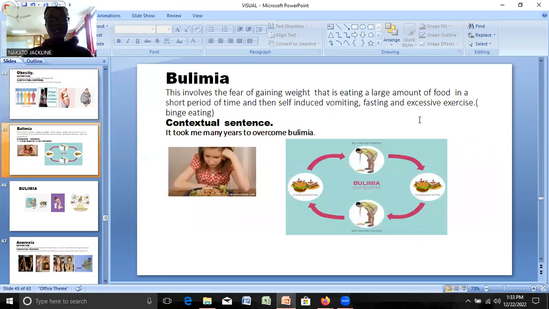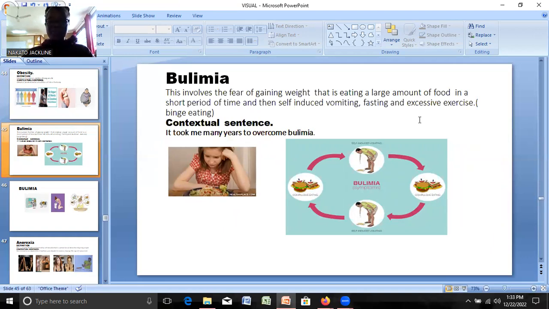Another one is bulimia. This is fear to gain weight. For example, here at campus, people don't want to grow fat. They fear to gain weight. So in that, they start to reduce on the food they eat to reduce their weight also.